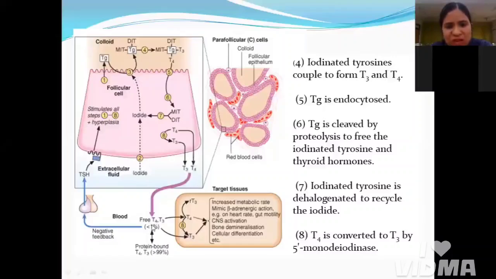And most of these T4 and T3 hormones are protein bound. That is, they are bound by thyroid binding globulin. Okay, TBG, thyroid binding globulin.